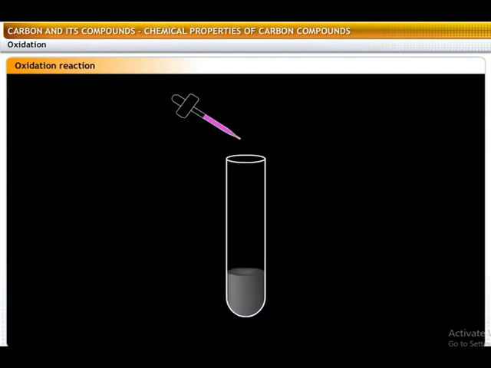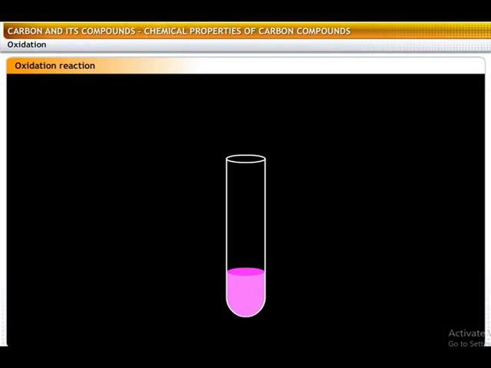Now, add a 5% aqueous solution of alkaline potassium permanganate, drop by drop, to the test tube. The purple color of potassium permanganate disappears due to the oxidation of ethyl alcohol to acetic acid. Continue adding potassium permanganate till the purple color no longer disappears.